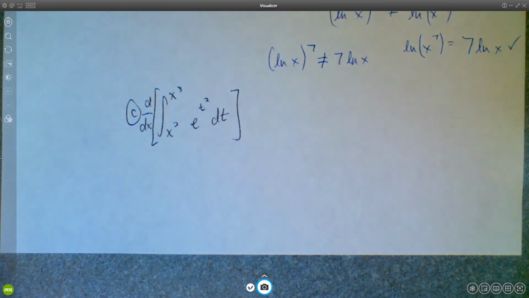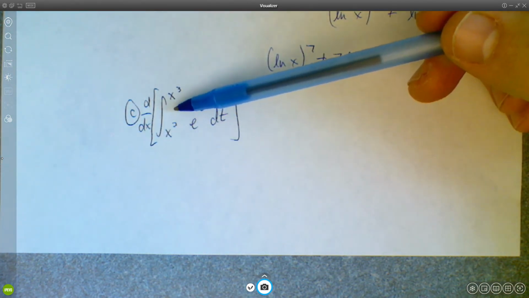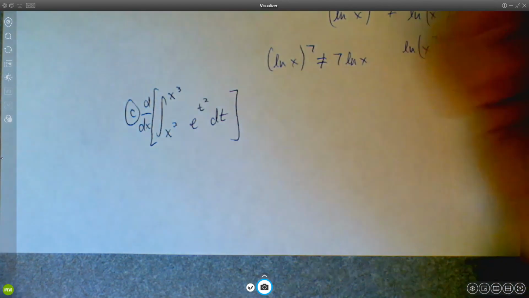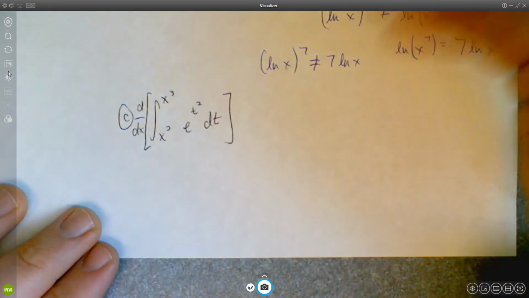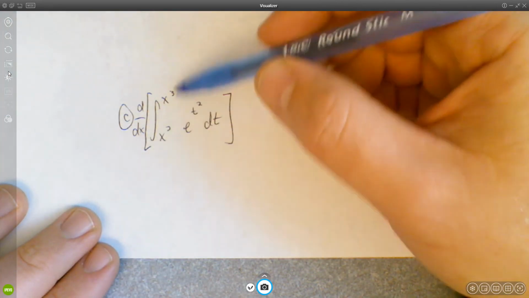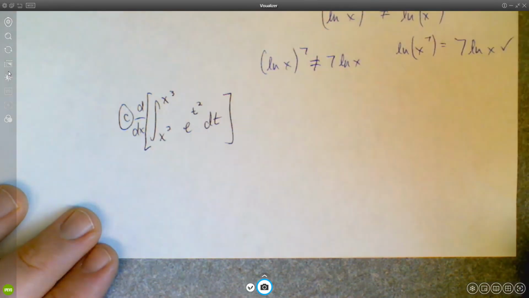So what do you do with that? Well, you can split this integral as follows. You can pick any number, and it doesn't even have to be a number between x squared and x cubed. It really doesn't matter.